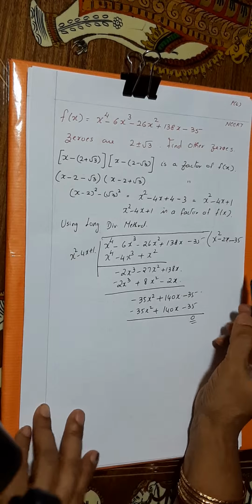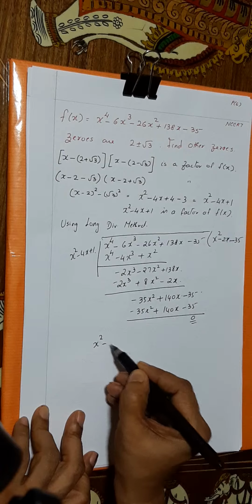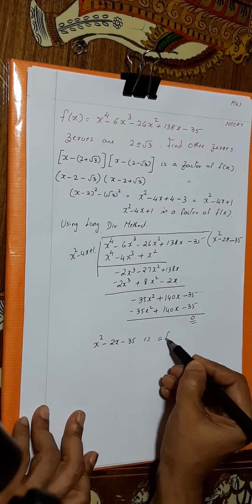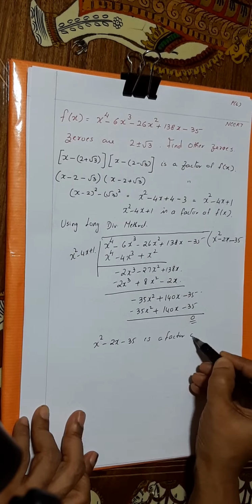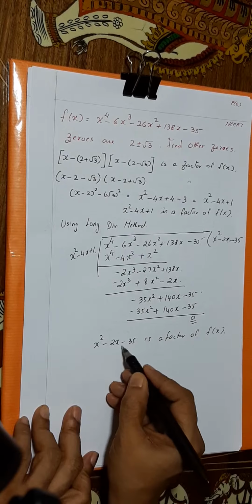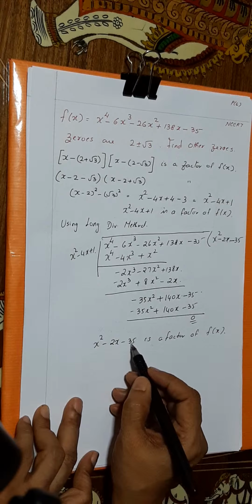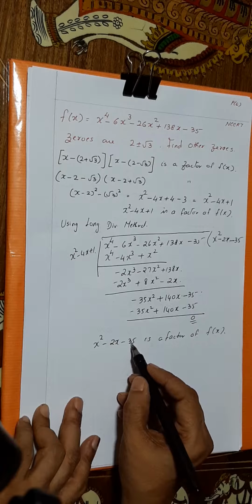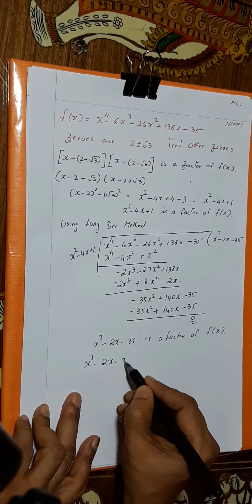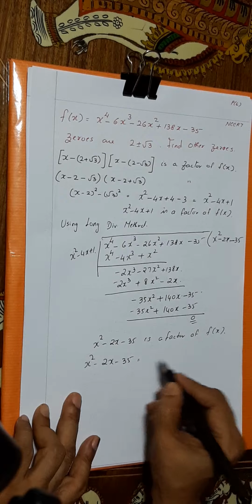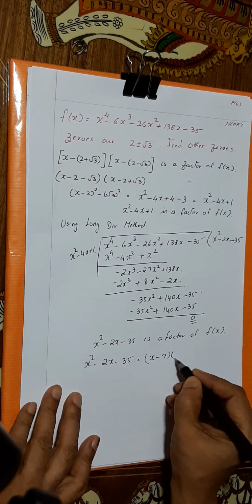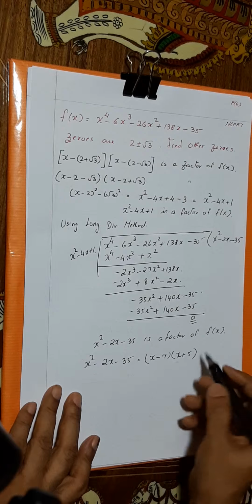So now x squared minus 2x minus 35 is a factor of f(x). So now splitting the middle term, factorizing this. So 7 into 5 is 35. So x squared minus 2x minus 35, you can write this as x minus 7 into x plus 5.